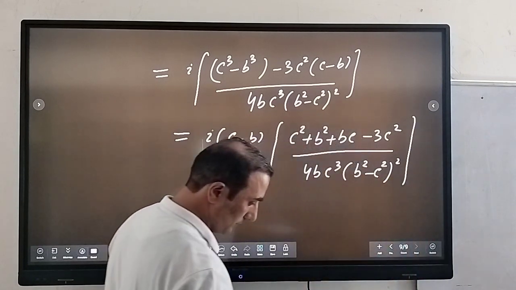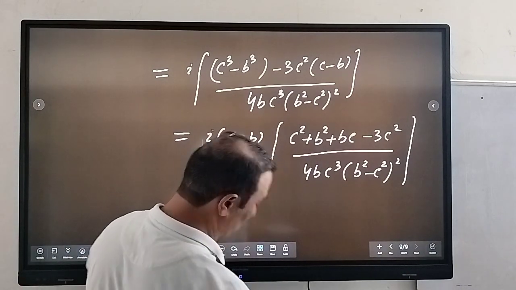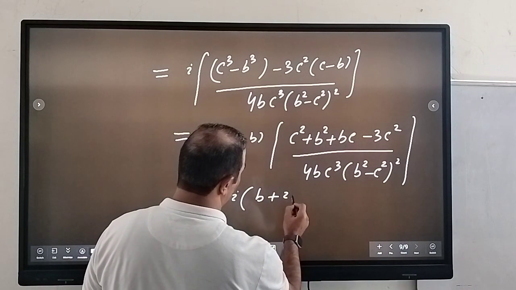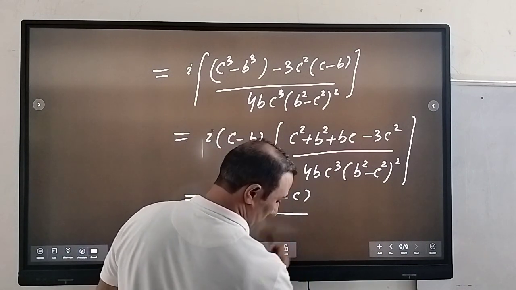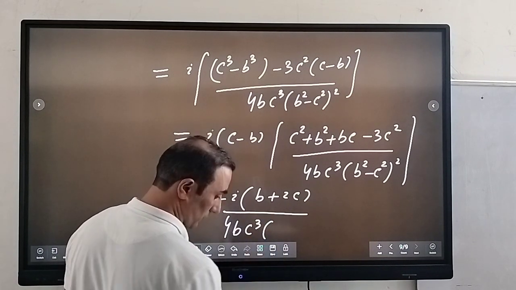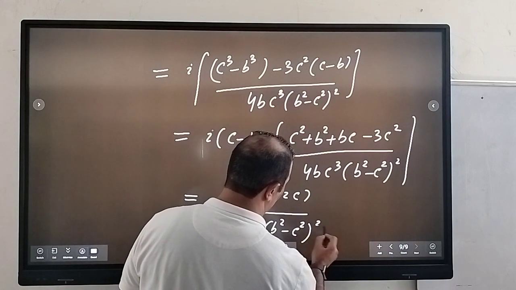So I can write this way. Or if you do a little bit more modification, this will be minus iota into b plus 2c divided by 4bc cube into b square minus c square, right?